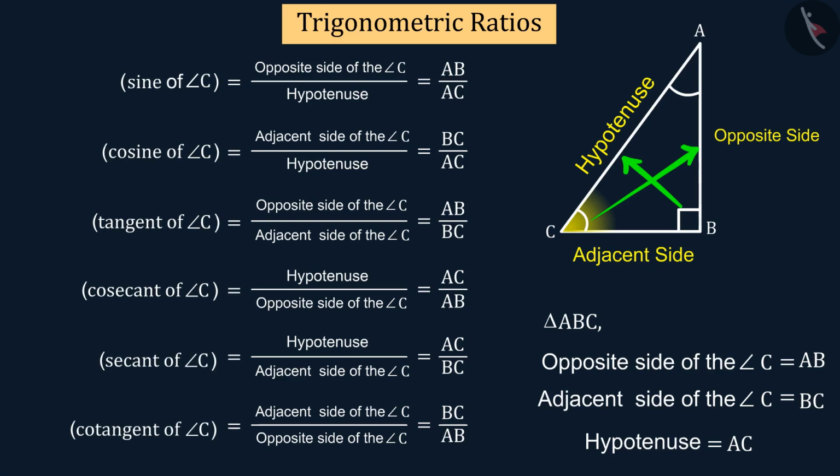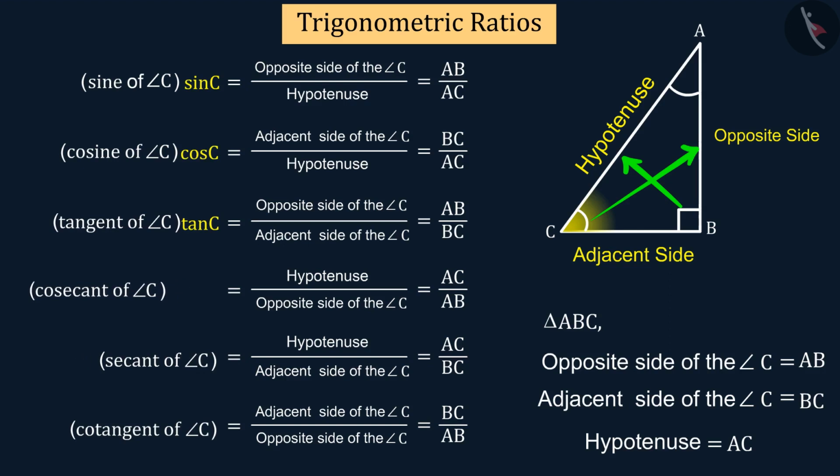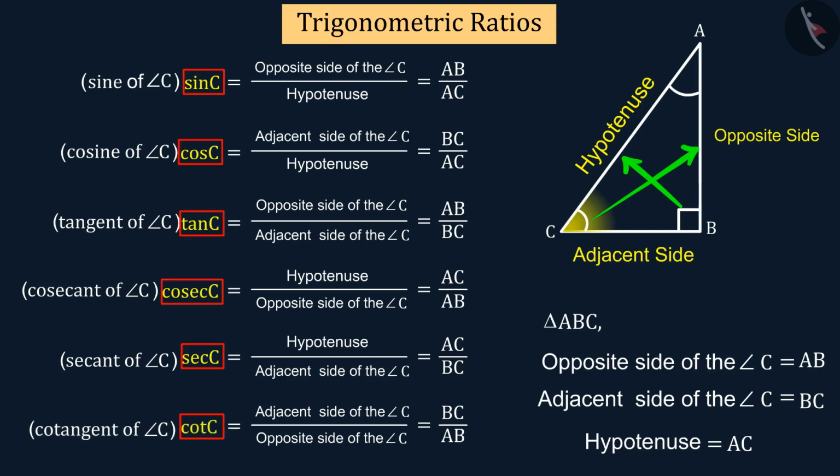And in short forms, we show these with sin C, cos C, tan C, cosec C, sec C, and cot C. These are known as trigonometric ratios of angle C.